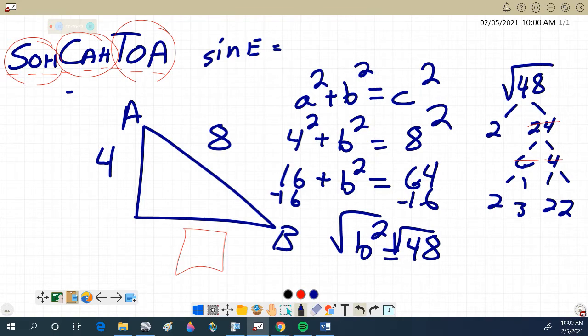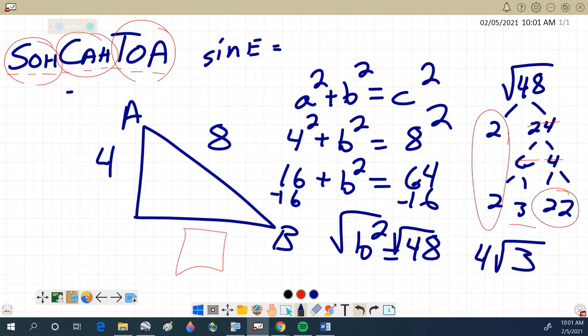Pairs. So I have a pair of 2's and a pair of 2's and a 3 left over. So the first pair brings out a 2. The second pair brings out a 2. So what's on the outside? 4. And did anything stay on the inside? Root 3. So this is 4 root 3.